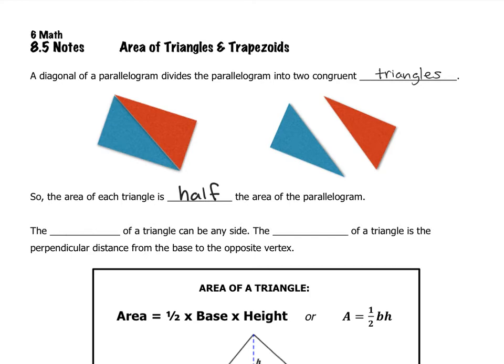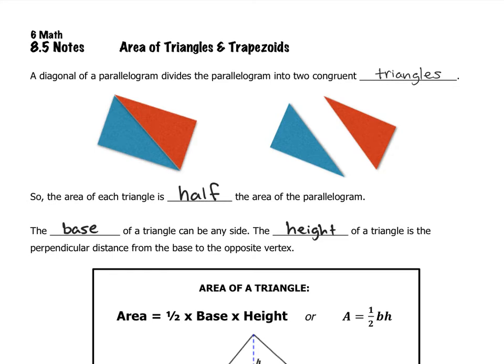The area of a triangle is going to involve two dimensions, the base of the triangle and its height. The base of a triangle can be any side of the triangle. The height of the triangle is the perpendicular distance from the base to the opposite vertex.